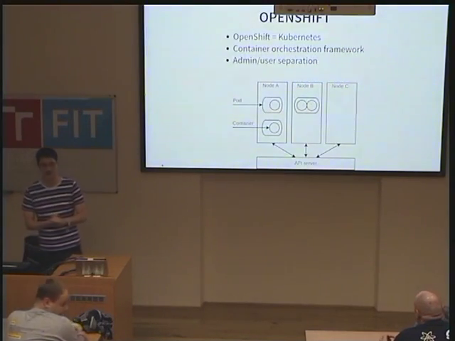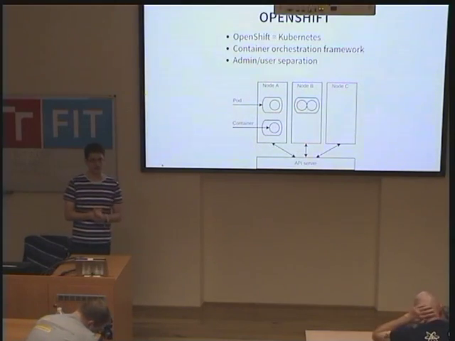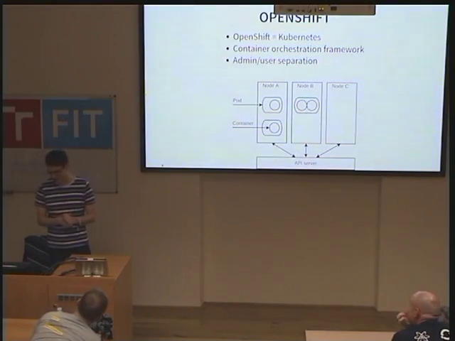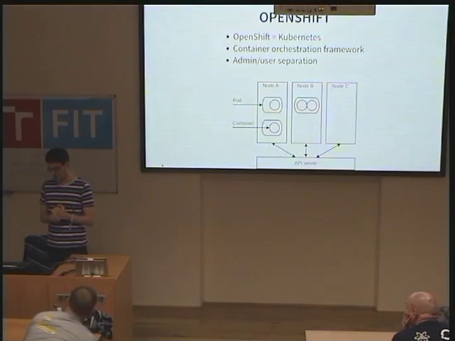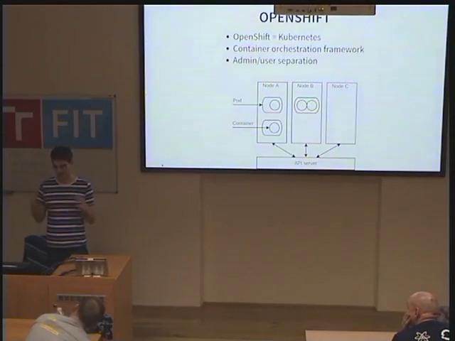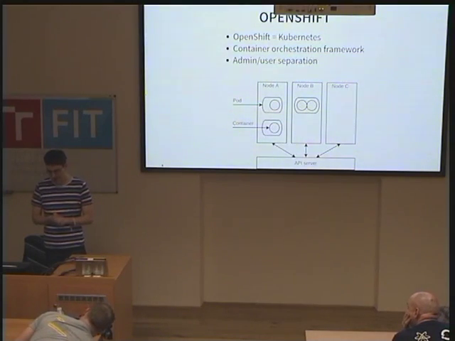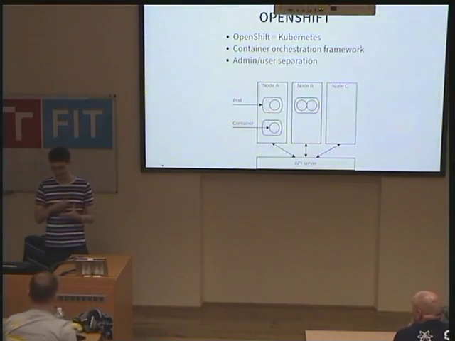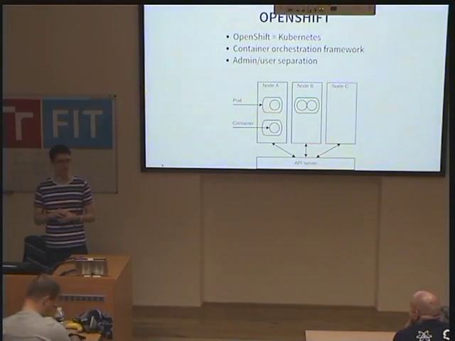So before I start, I will very briefly talk about OpenShift. OpenShift is a container orchestration framework. It runs containers on a cluster. And it doesn't run containers only, like single entities. The smallest entity it runs is a pod. A pod is a collection of containers.